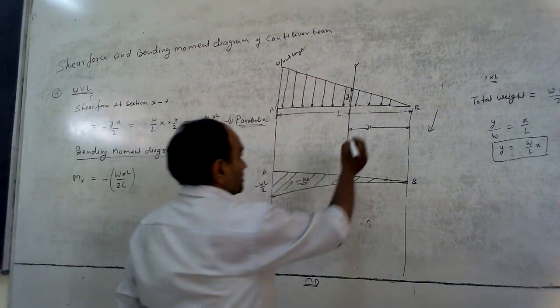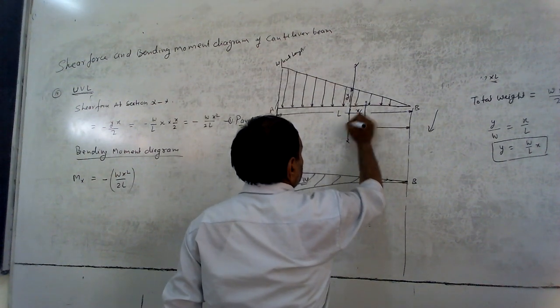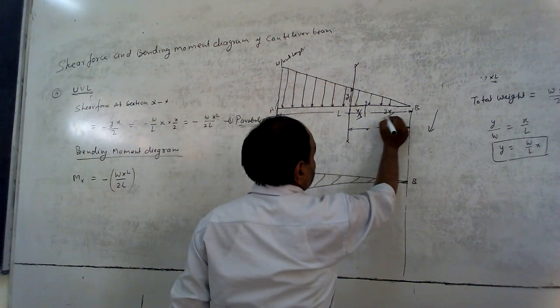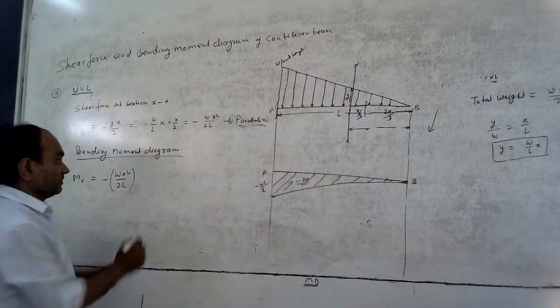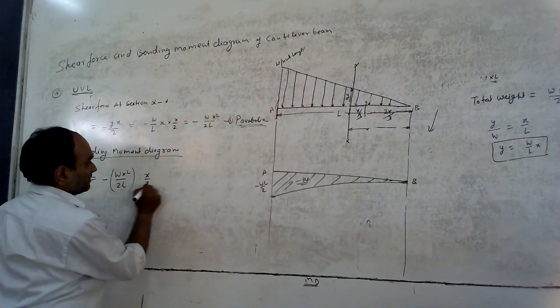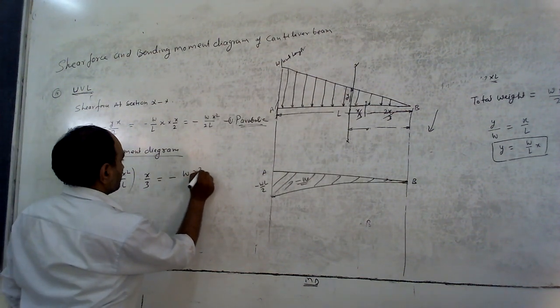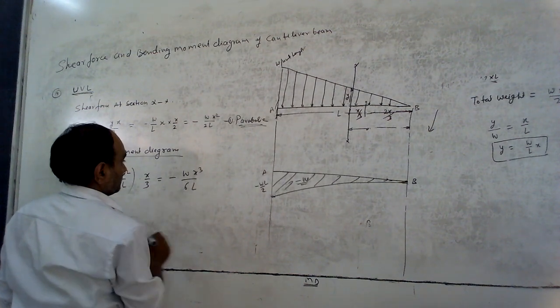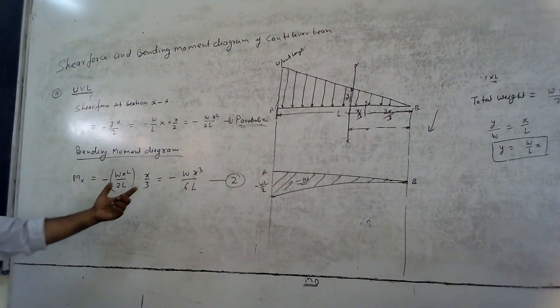It is at a distance 1/3 from here. This is x by 3, and from here 2x by 3. So we have to multiply here by x by 3. This will become minus KW x cube upon 6L. This is equation number 2.